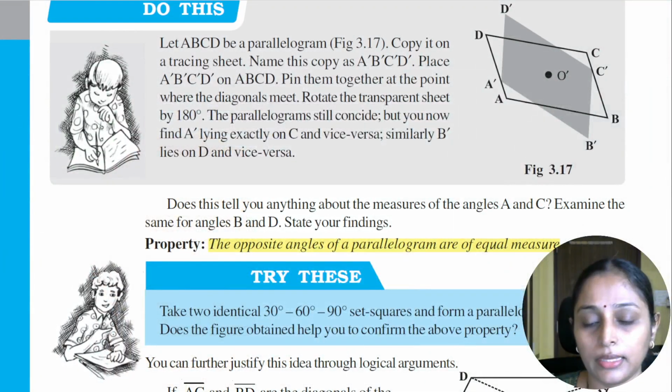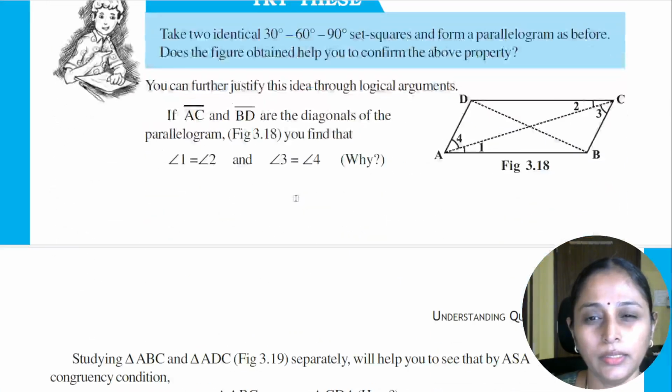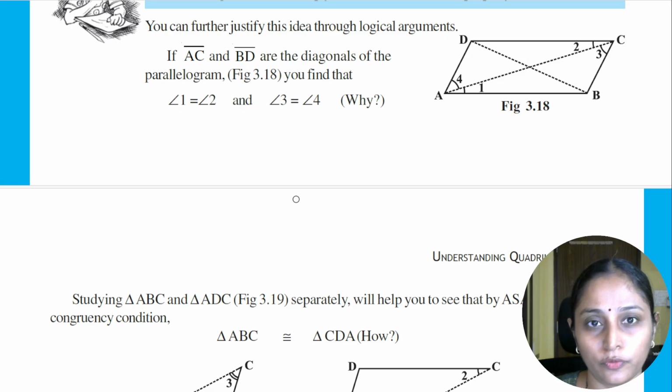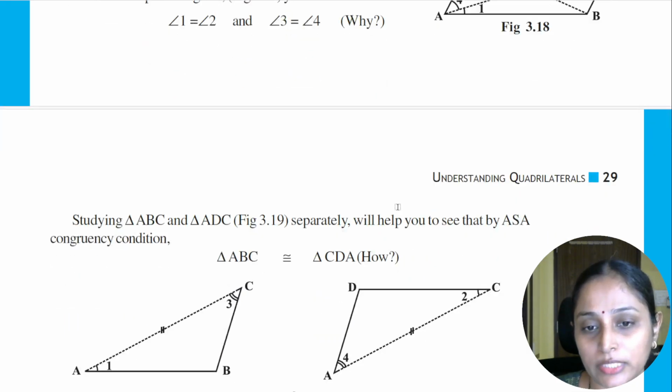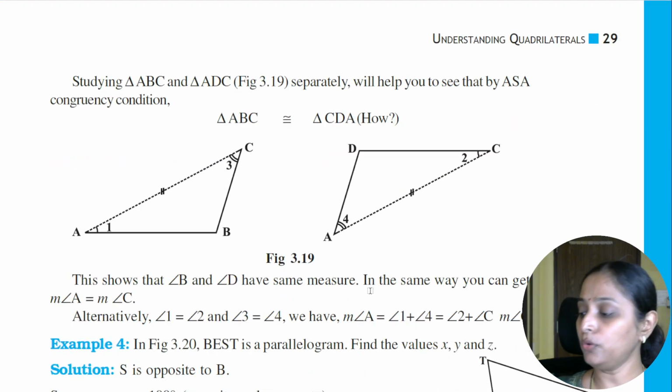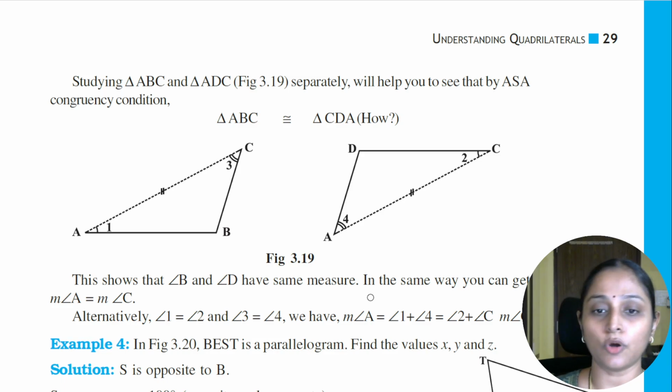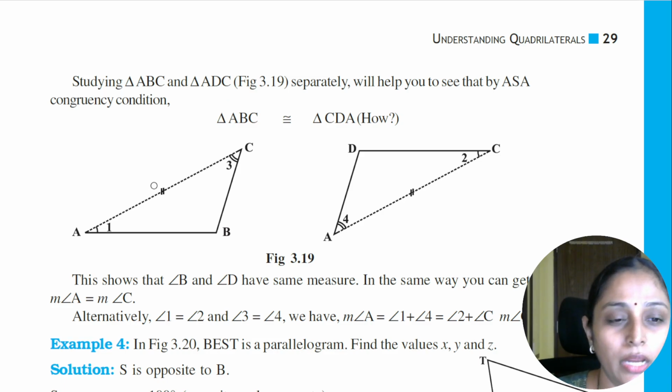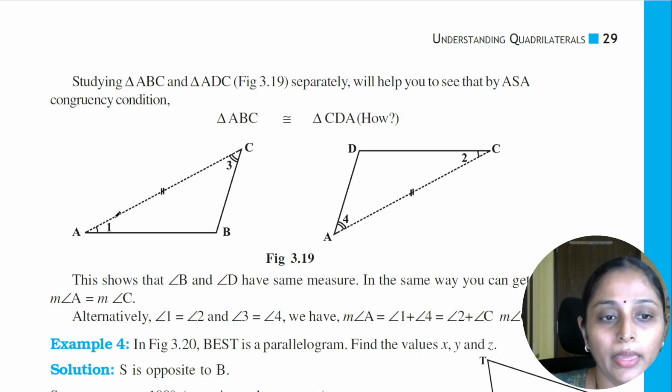Now next, they are using the geometrical proof. Okay, so we have already proved that ABC is congruent to CDA, right? So now using this, how do you conclude that the opposite angles are equal in measure? Now if you see here, this angle is equal to this, right?